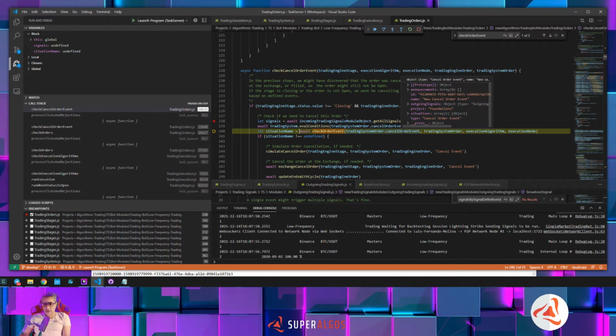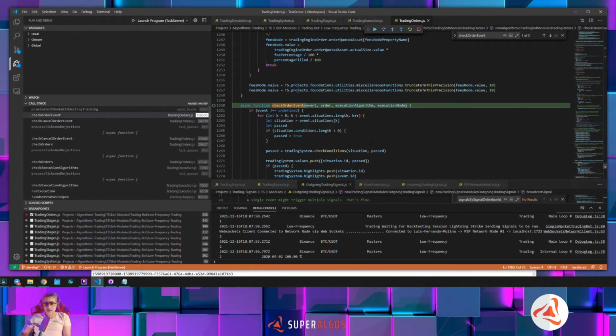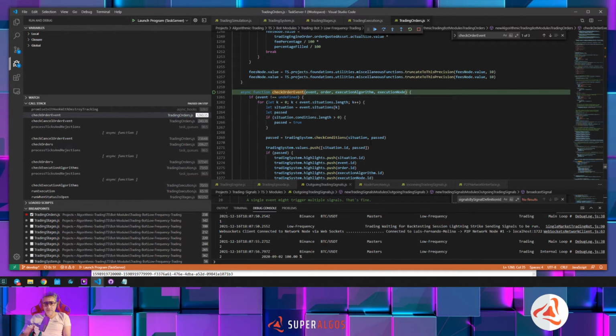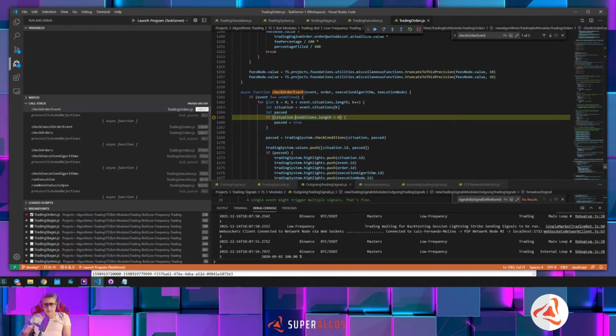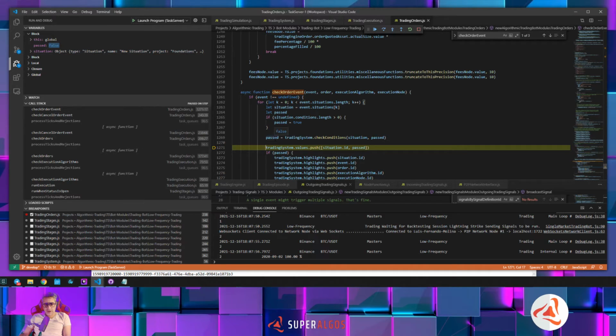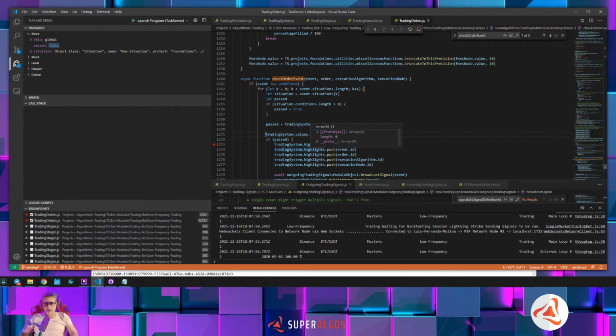And we are sending here cancel order event. So we go inside, pass false, because it needs 2 periods or something like that. So it passed false. Okay, we are going to stop there.